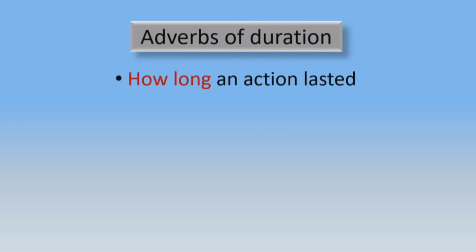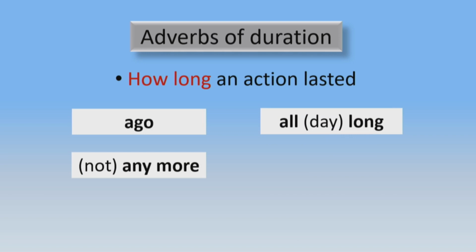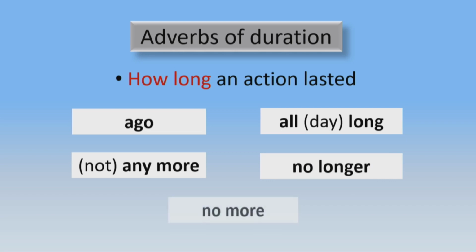Adverbs of duration tell us how long an action lasted. The duration or the period can be expressed by adverbs such as ago, all day long, for example, not anymore, no longer, no more.